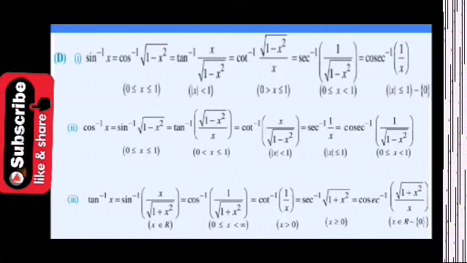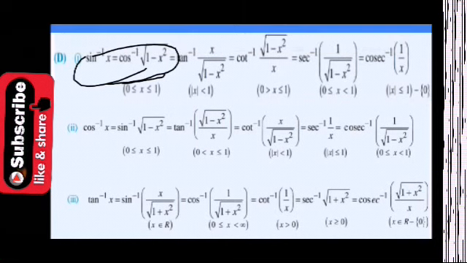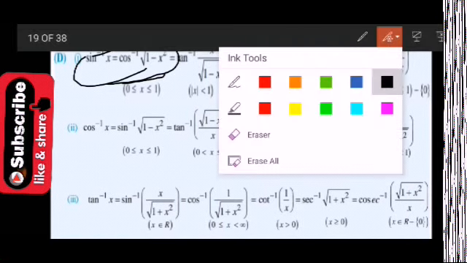If you see the first part, sin inverse x equals cos inverse under root 1 minus x square. This corresponds to sin theta equals under root 1 minus cos square theta. So all the formulas are applicable from the point of view of what we studied in trigonometry.